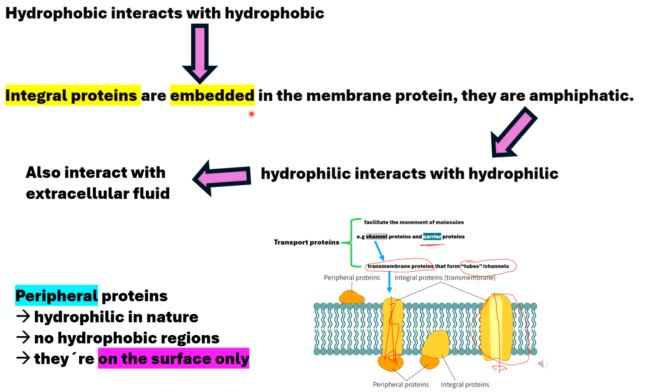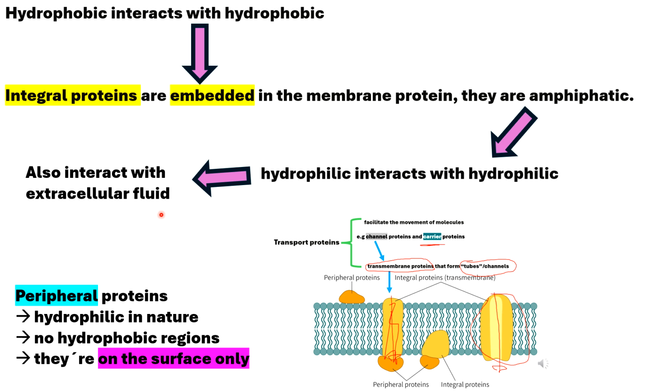And this is why it has regions inside of the membrane. But they're amphipathic, so they also have hydrophilic regions. And hydrophilic interacts with hydrophilic. And because of that, they also interact with the extracellular fluid. Okay, this is going to be more clear when we look at a diagram.